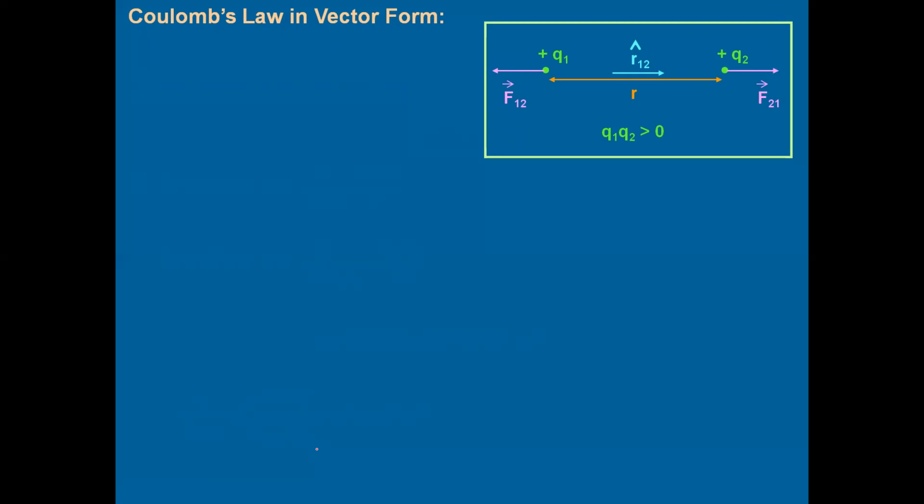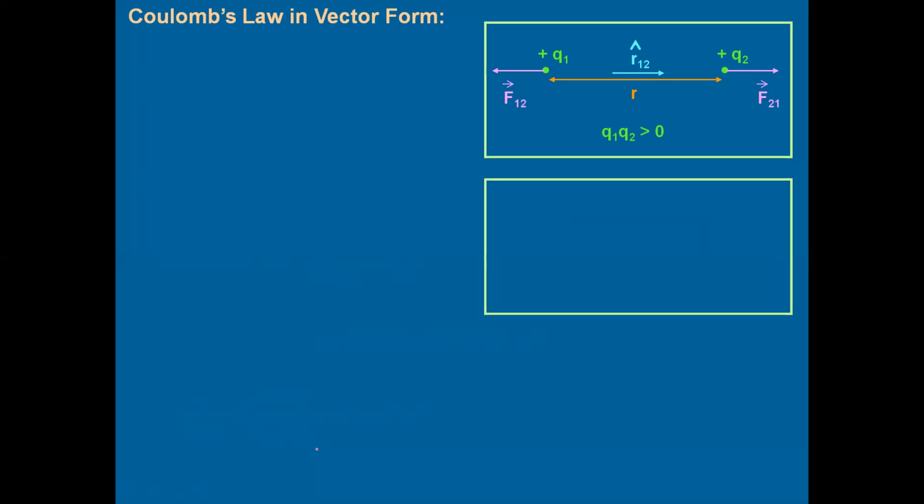One, I'm naming it as F12, which means force at 1 due to the presence of the second charge. That is the force acting at Q1 due to the presence of the second charge. And the second force will be F21, which denotes force at Q2 because of the presence of Q1. Magnitude of these two forces will remain the same.